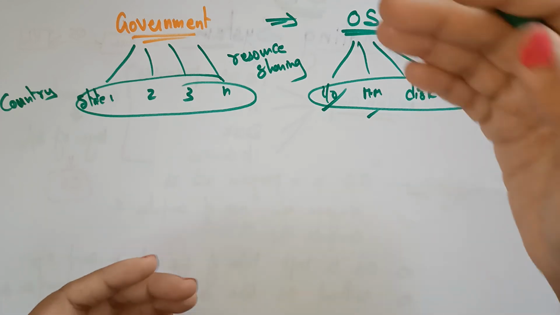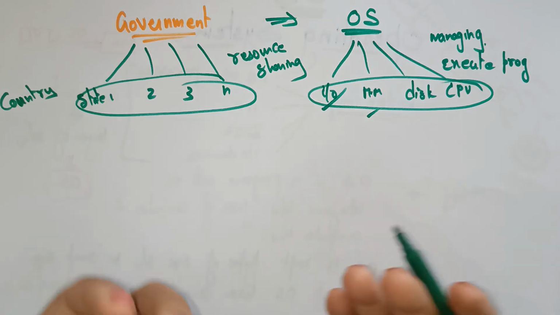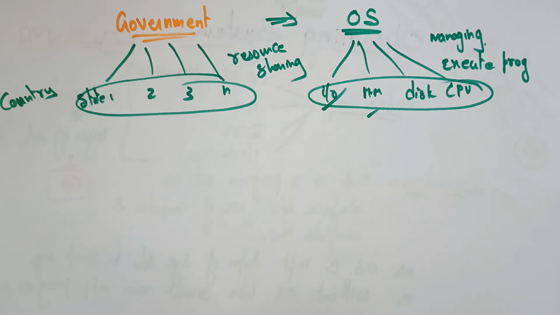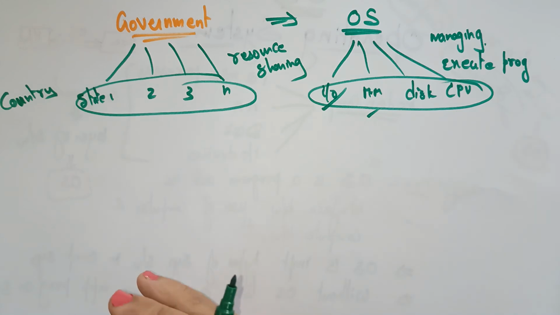In the same way, in the operating system, the process that has the highest priority, that requires the resources most and wants to execute now, will use those resources. So just like a government, the operating system plays an important role in our computer system.